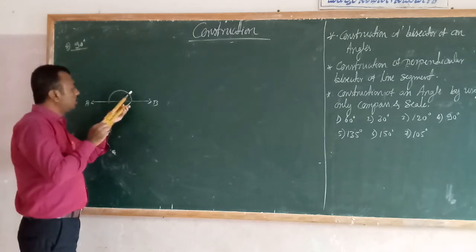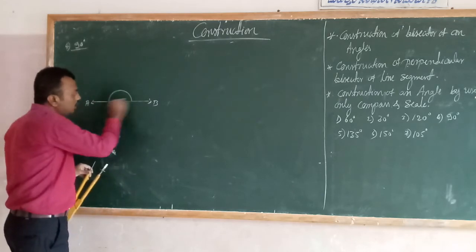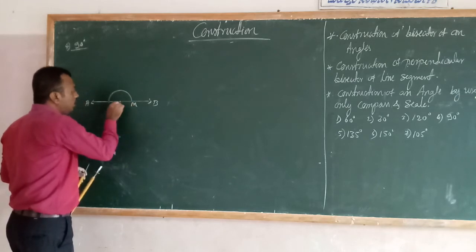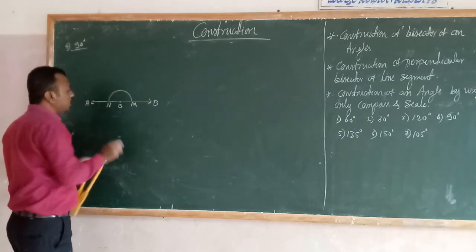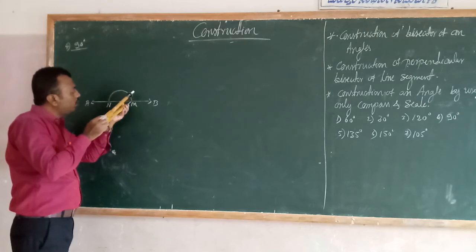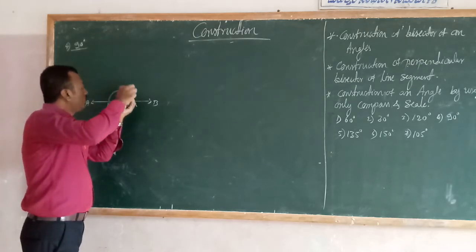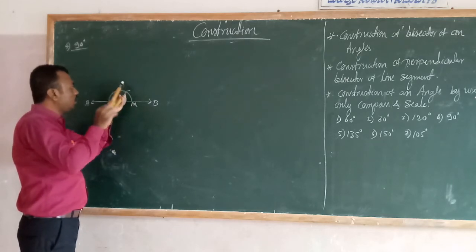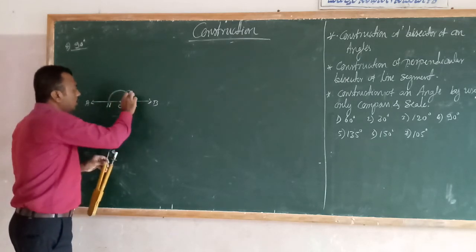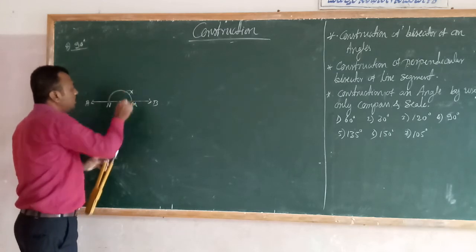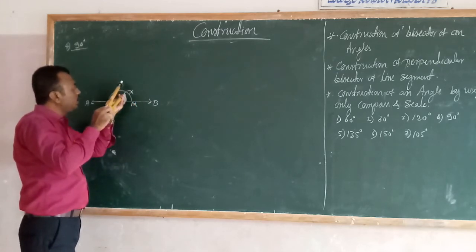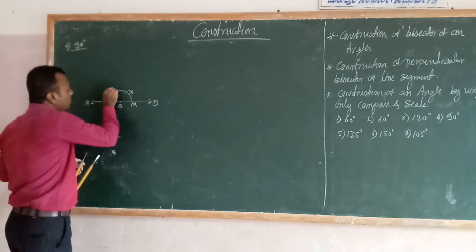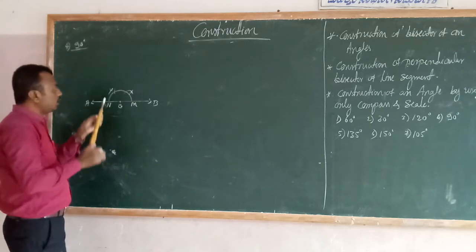Next students, this arc intersects OB at M and OA at N. Next, keep the compass on the point M and cut an arc, we call it X, and then keep on the point X and cut the same arc, that is Y.